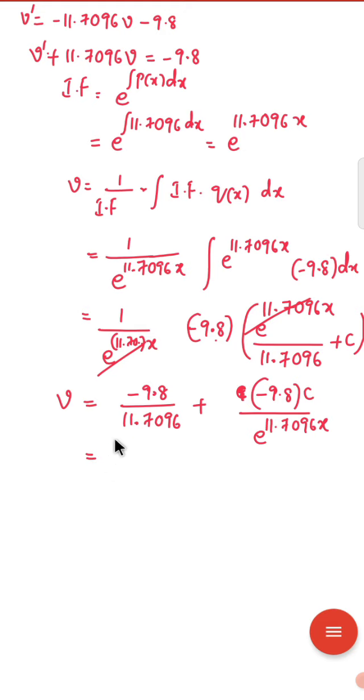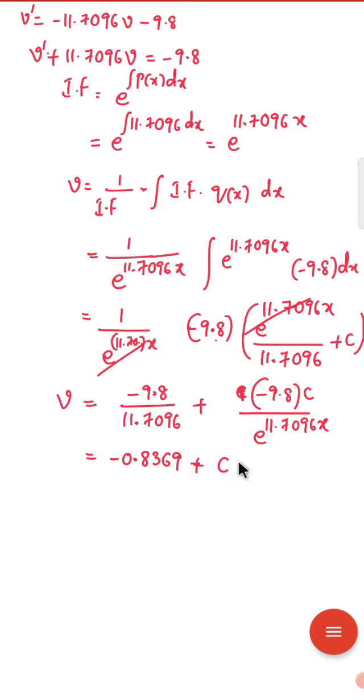Now this constant becomes minus 0.8369 plus c, since c is a constant, you can multiply a constant with minus 9.8, it also becomes another constant.